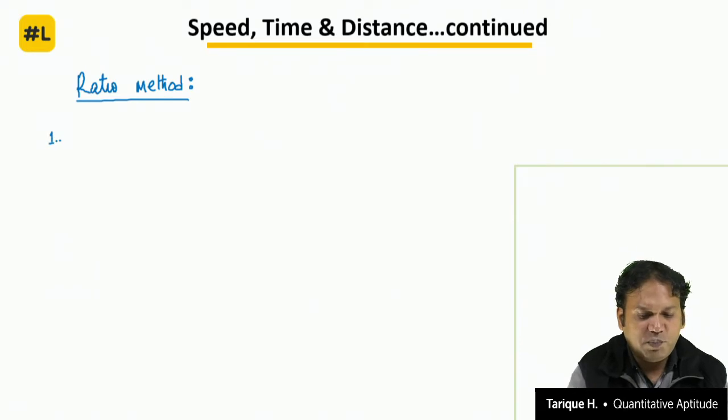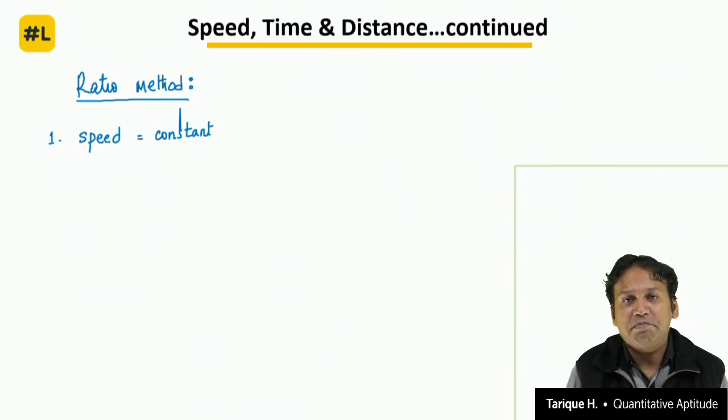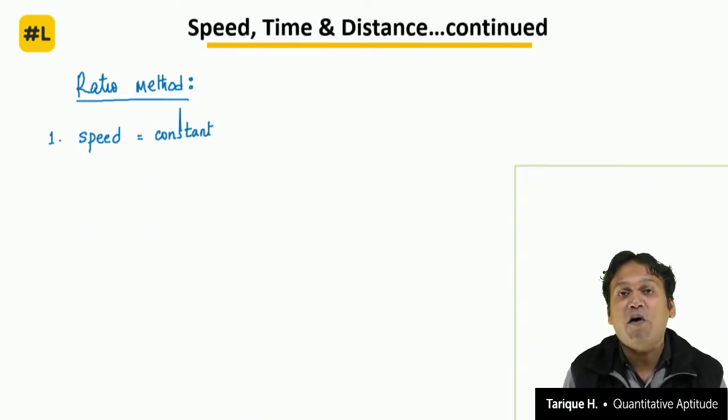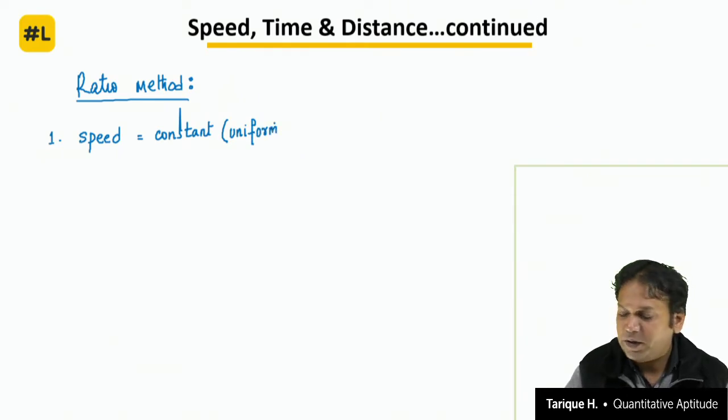Okay. So, ratio method, the first thing is when speed is constant, when speed of an object is constant, that means an object, a car, a body is travelling at a uniform speed. So, what type of speed we are talking about? Uniform speed. Okay.